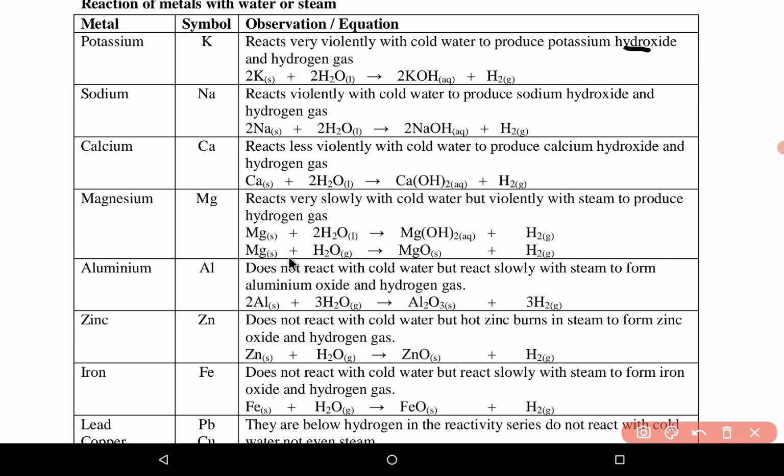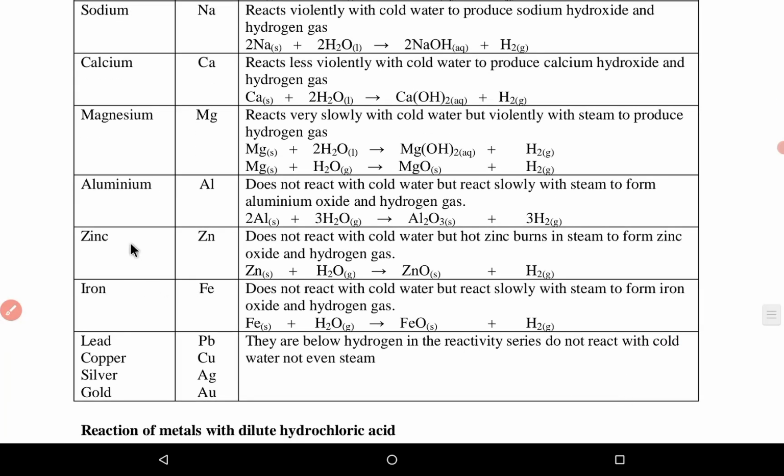So aluminium, this one now is where you see the reaction stops with cold water, hence we use steam to see the reactivity of the metals going down. So all these, zinc, iron, you notice they will react with steam, like I've already explained previously.